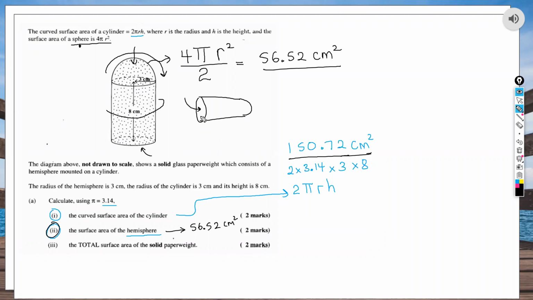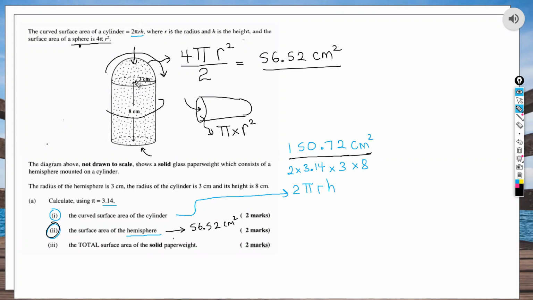Now, I'm not too sure if the examiner wants us to find it. I honestly think they could have been more specific. So here's what I suggest. Find the area of this face, which is just a circle, and add it in to the rest of the values to get the total surface area. The underneath is a circle, so the area of a circle is pi multiplied by radius squared.